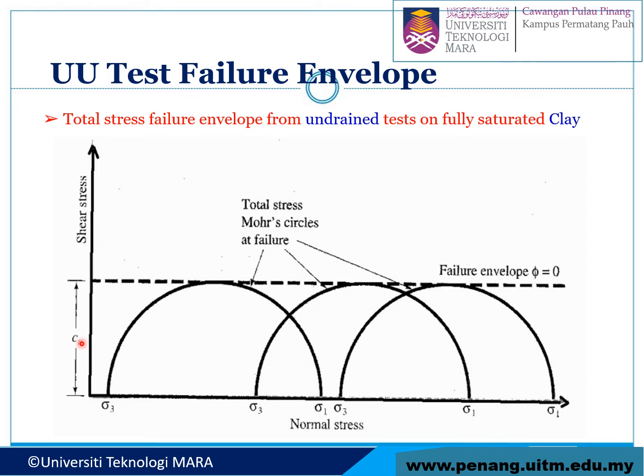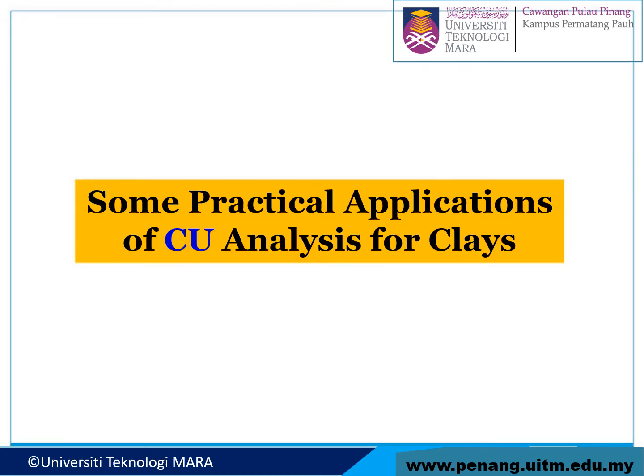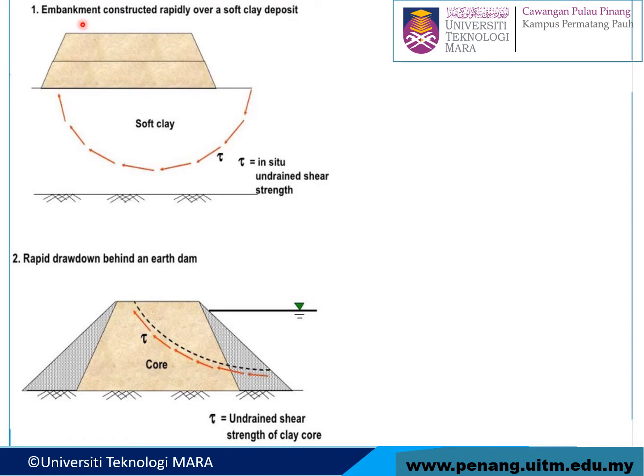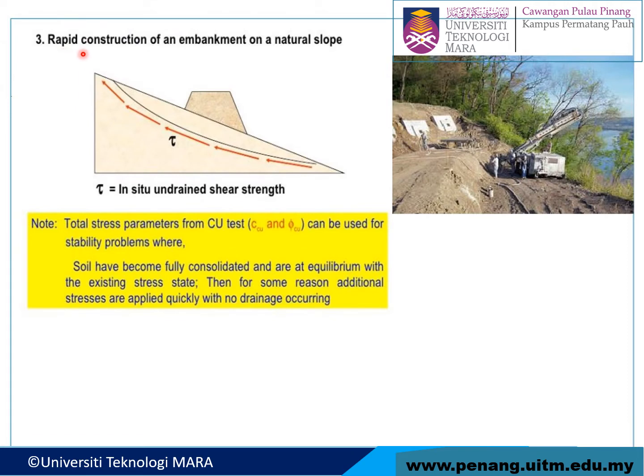only. Alright guys, now we go for the practical application of CU analysis for clay. Similar to the UU, this one is an embankment constructed rapidly over the soil deposit, or rapid drawdown behind a dam. Another one is rapid construction of an embankment on natural slopes.